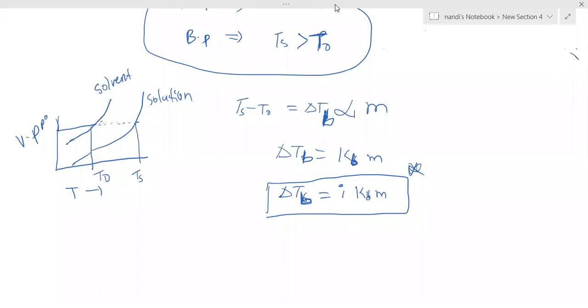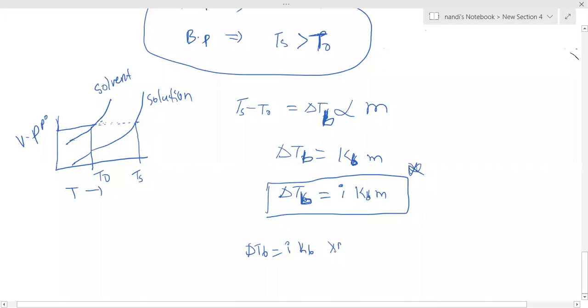Fine. Now you can see here delta TB equals i into KB into molality. What can you write in place of molality? XB by 1 minus XB into 1000 by MA.